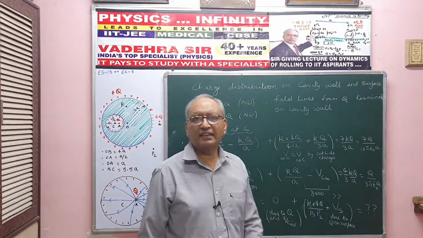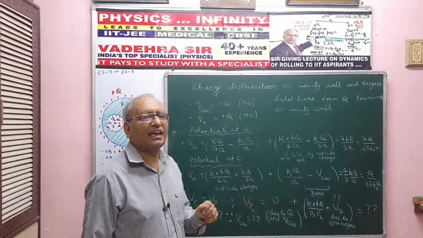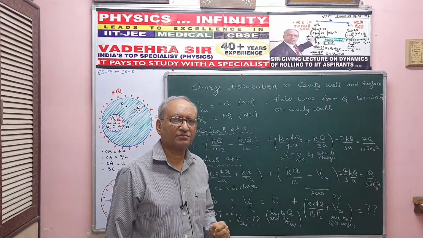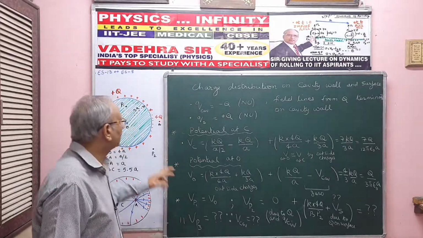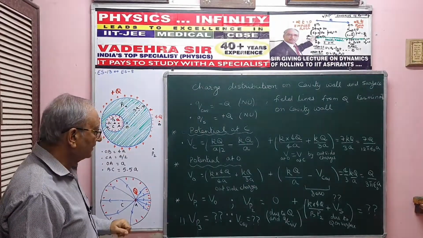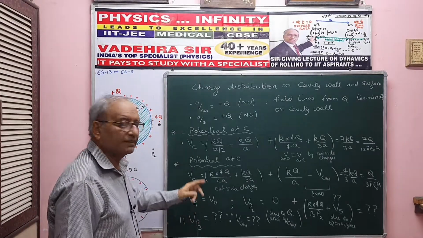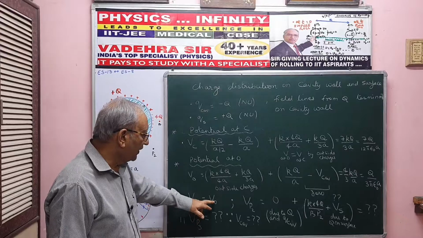Beautiful. We have at least done the potential at the center of the cavity and at the center of the sphere. Now let's talk about P1. Potential at P1 within the conductor. As far as the outside charges are concerned, Vp1 is VO.